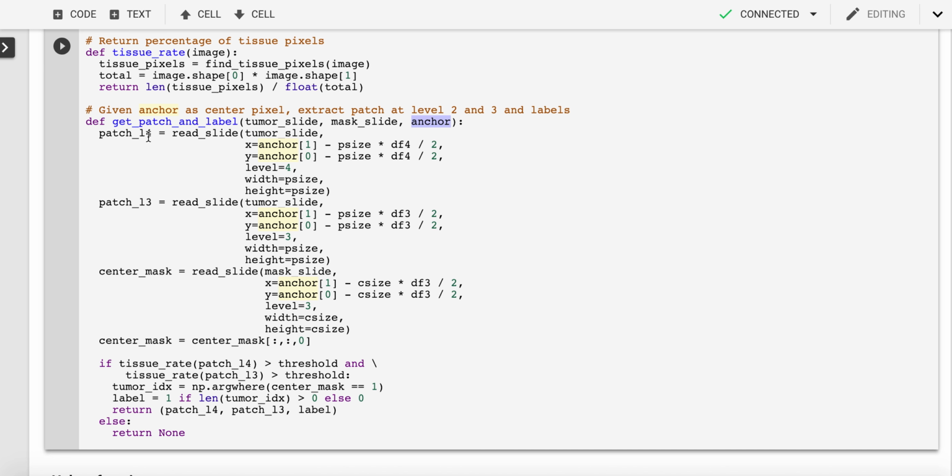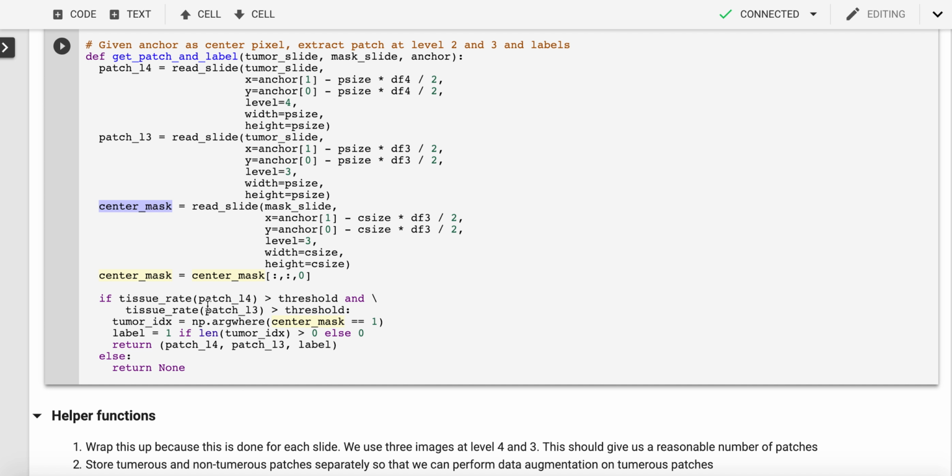After we extract the patch for both levels and the mask, the mask is on level 3, which is the higher level of resolution. After that, we calculate the tissue rate of both level 3 and level 4, and we only include those patches where the tissue rate of both levels is more than 10%.